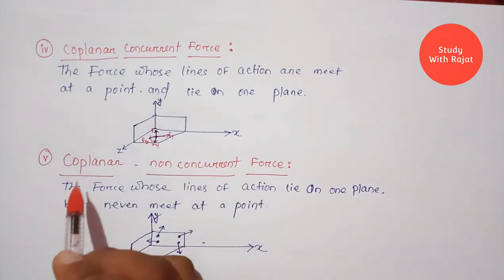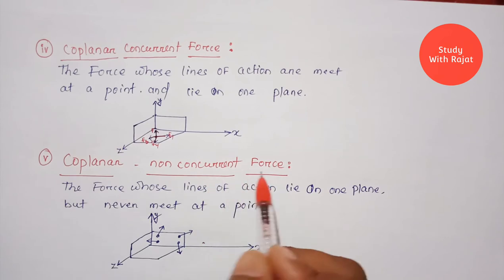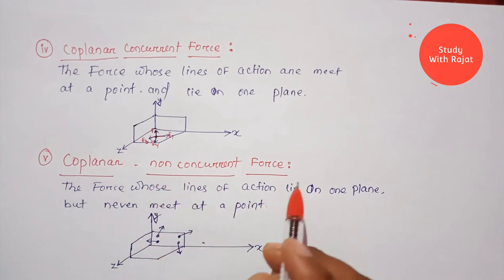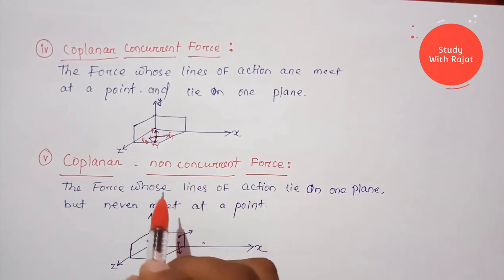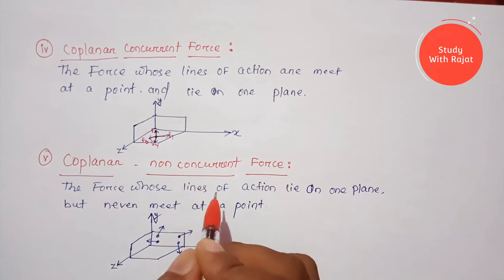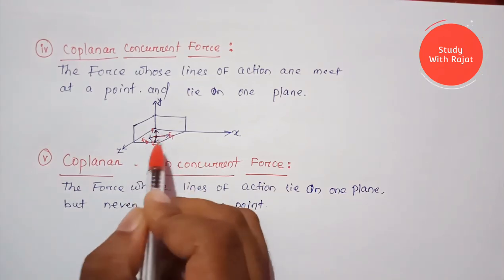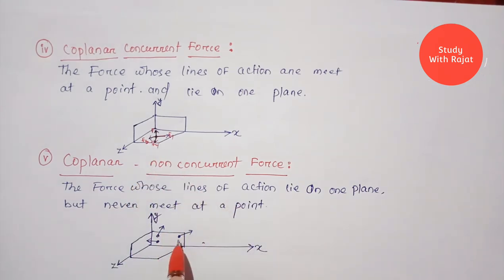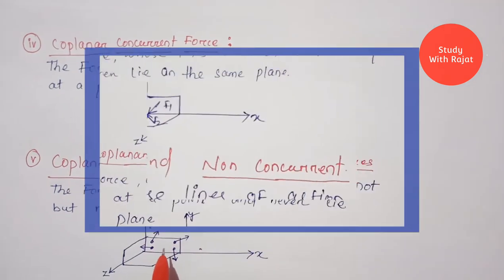In coplanar and non-concurrent forces, the forces act in a single plane, but non-concurrent means they will not meet in a single point. Here the forces meet in a single point, but there the forces do not meet at a single point.